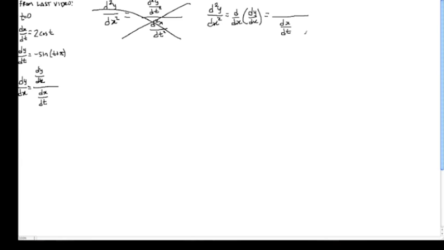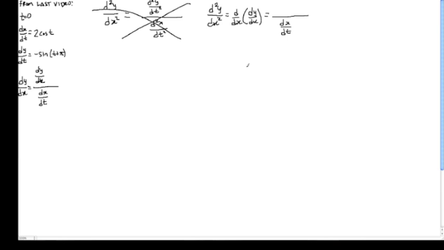The y function is going to be a bit more difficult, because check out what happened here. We took the y function and took the derivative of it with respect to t. But now, instead of d dx of y, we have d dx of this whole thing. So instead of taking the derivative of just this little guy with respect to t, we have to take the derivative of this whole thing with respect to t.